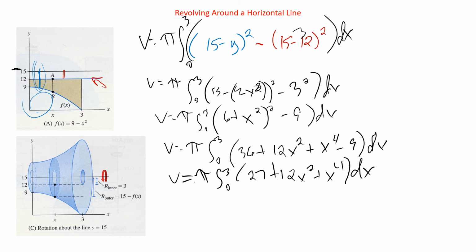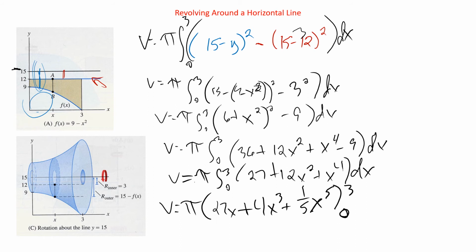So calculus step. The volume will equal pi times, this will be 27x. That'll be x cubed, so we can divide by the cube to get 12 divided by 3 is 4. So plus 4x cubed, and then plus 1/5 x to the 5th from 0 to 3.